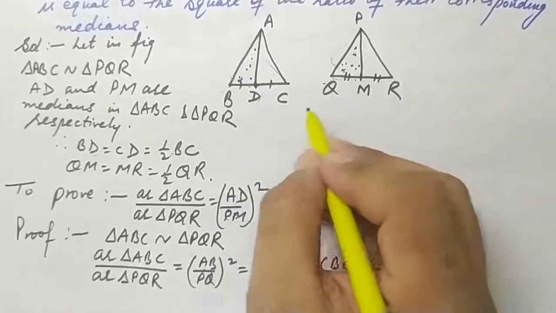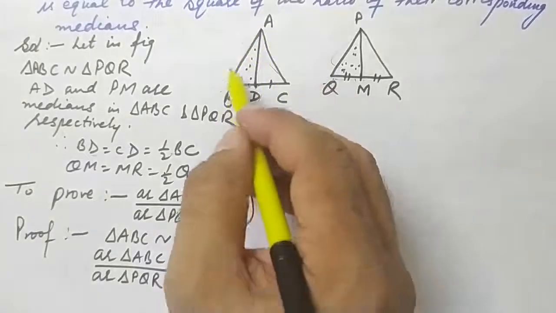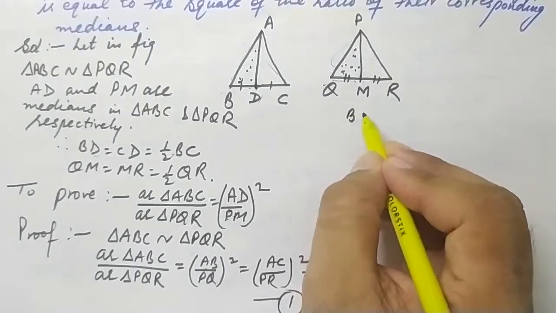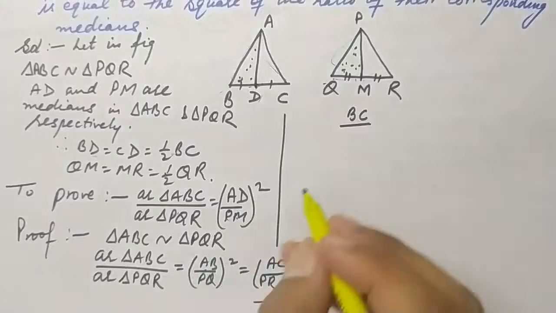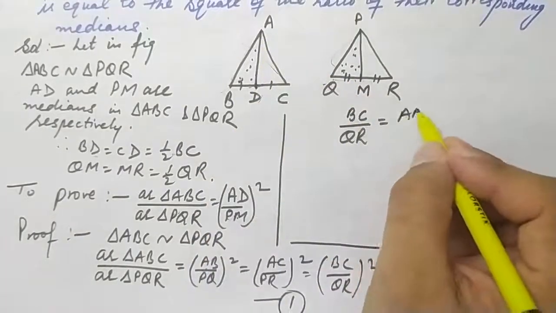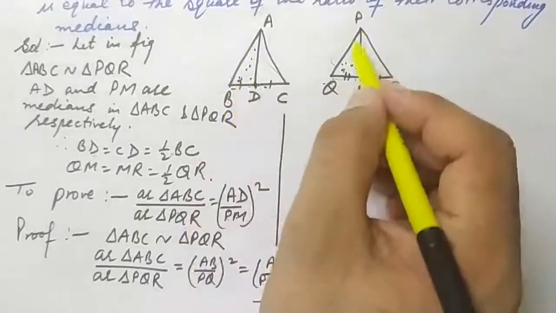Since the bigger two triangles are similar, BC over QR is equal to AB over PQ. Why?